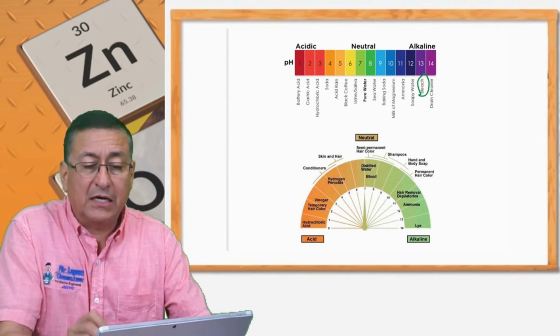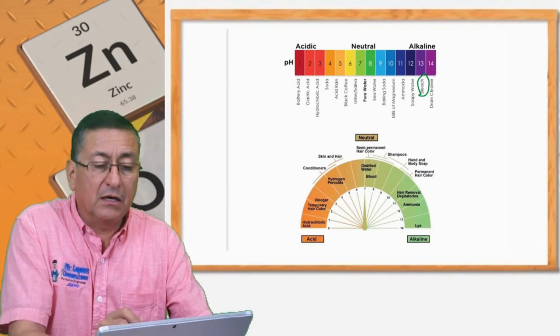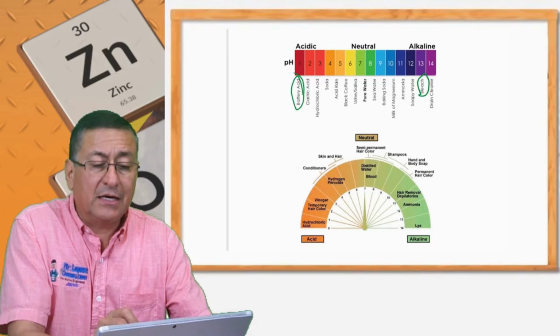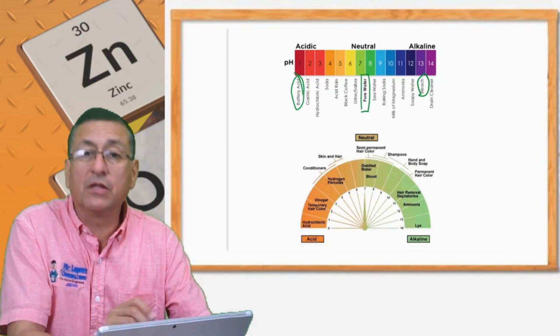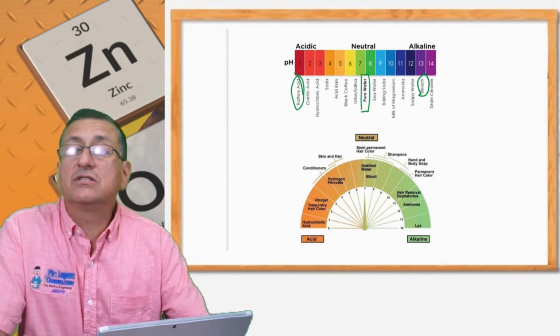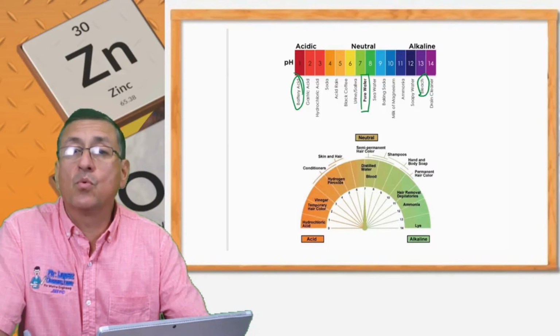Bleach is very alkali, and the acid of the battery is very acid. Pure water is located in the middle. Pure water, the pH is 7.0.